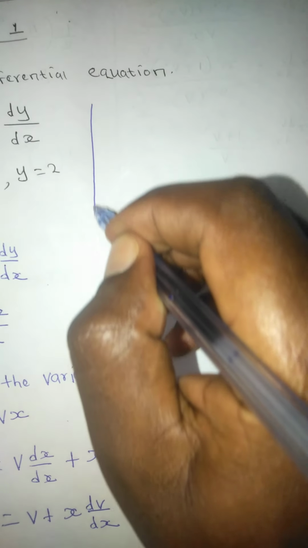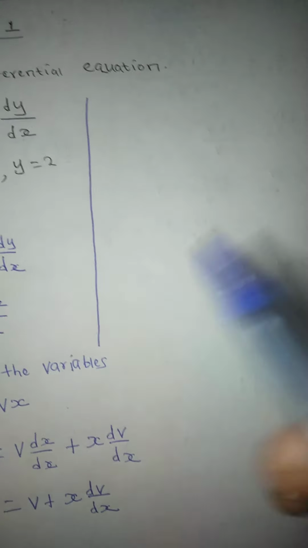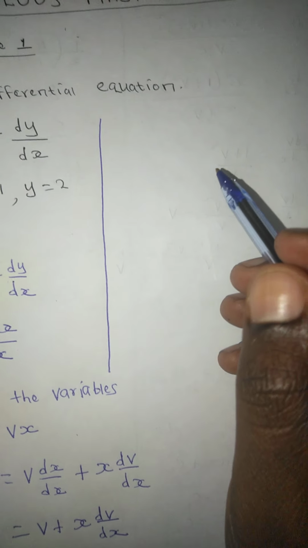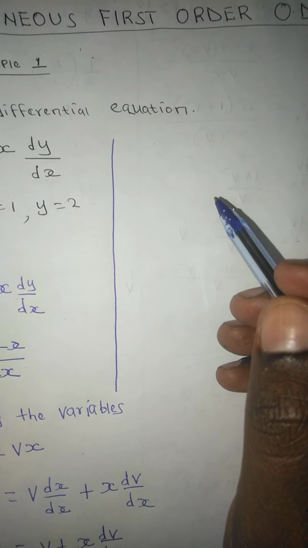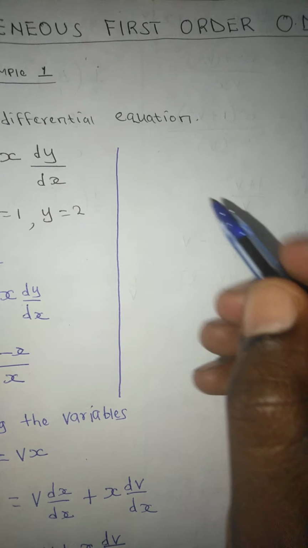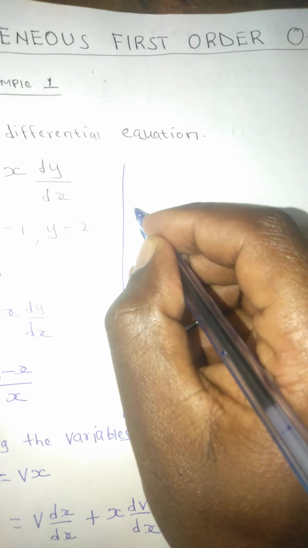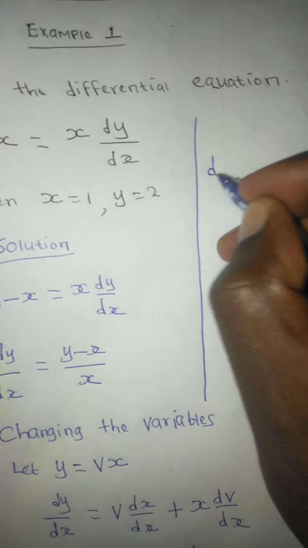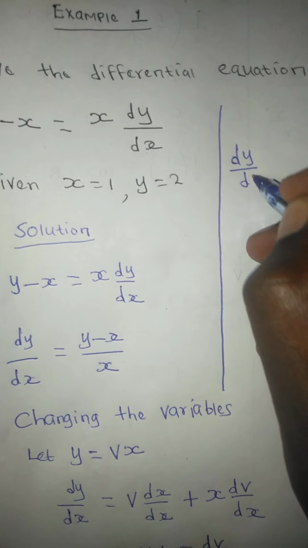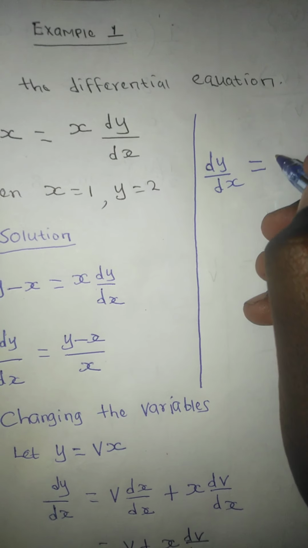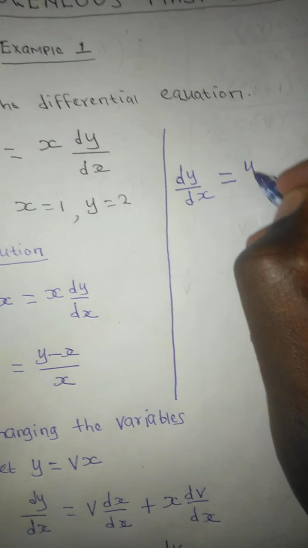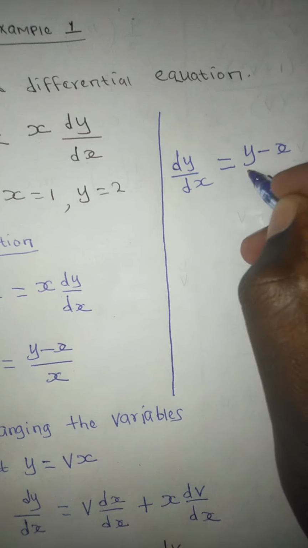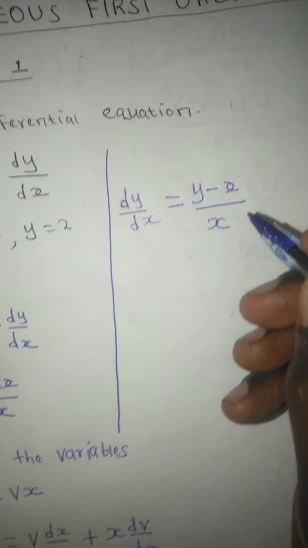Second thing, we go to substitution for y is equal to vx. So the first equation was this. Dy over dx is equal to y minus x all over x.